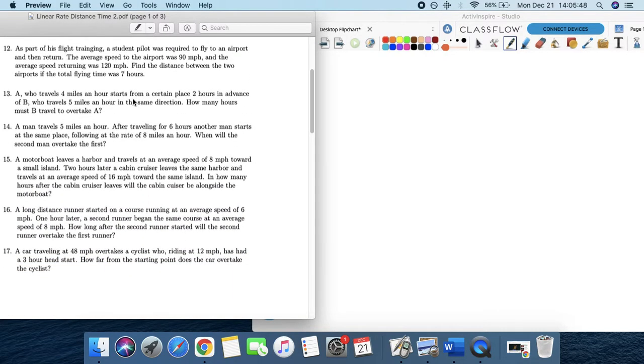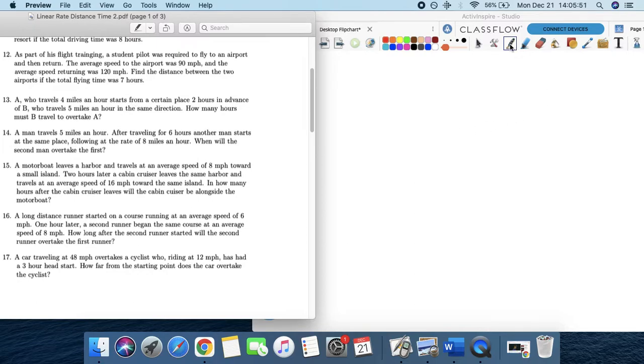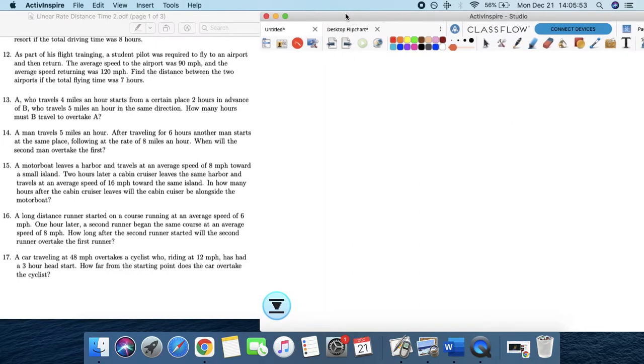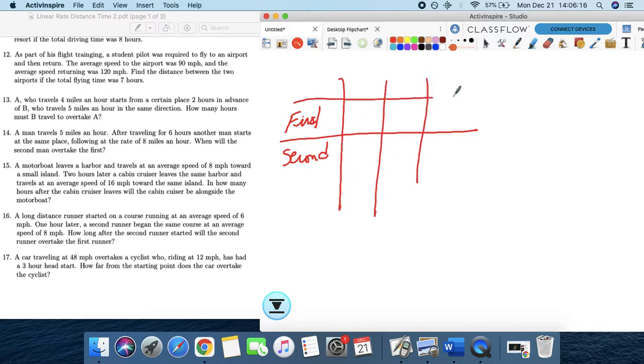16, I just did 14, so 16 is the last one on this page. A long distance runner starts the course running at an average speed of 6 miles an hour. An hour later, a second runner starts. Okay, so again, same type of question. So first guy, let's call this the first runner, then the second runner. So the first runner is at 6 miles an hour.